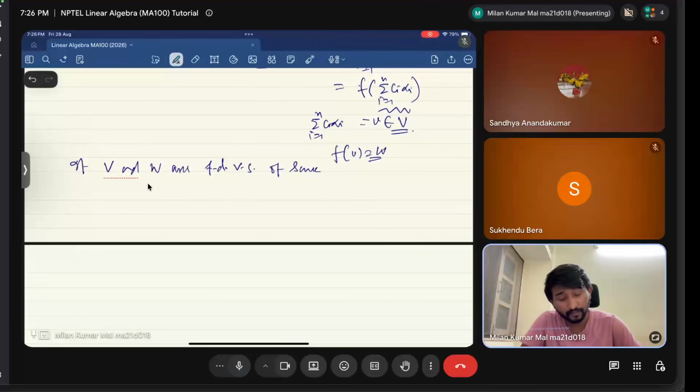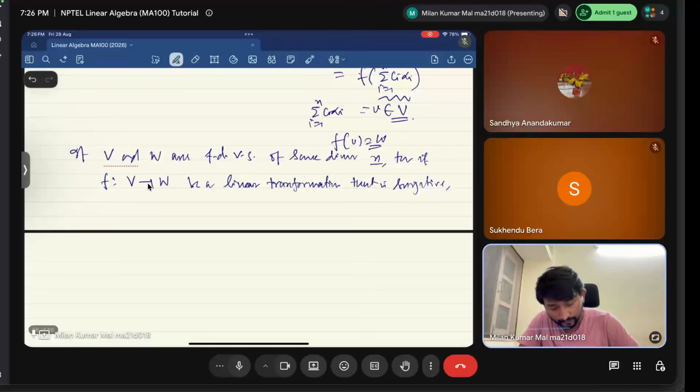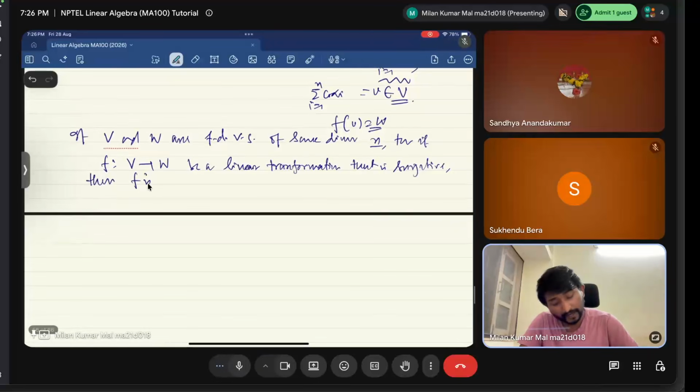Okay, of the same dimension n, then if f from V to W is a linear transformation that is surjective, then f is bijective.